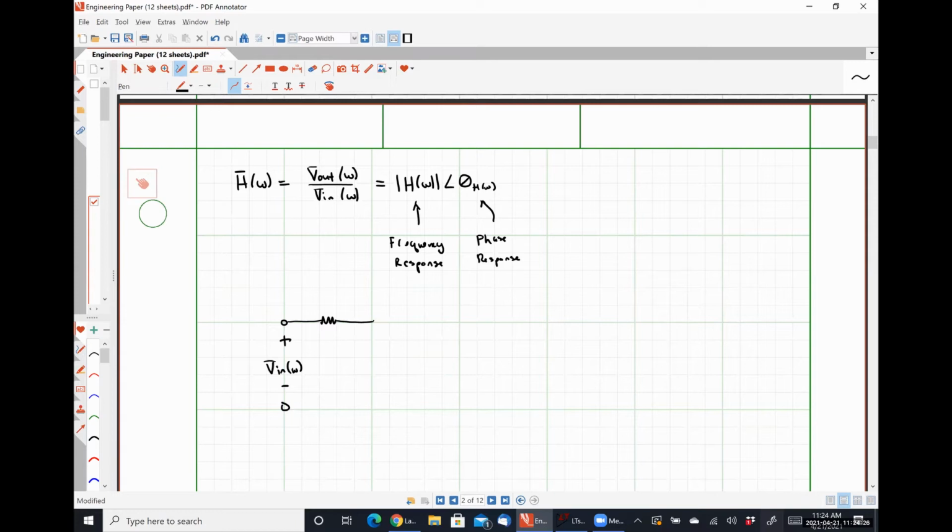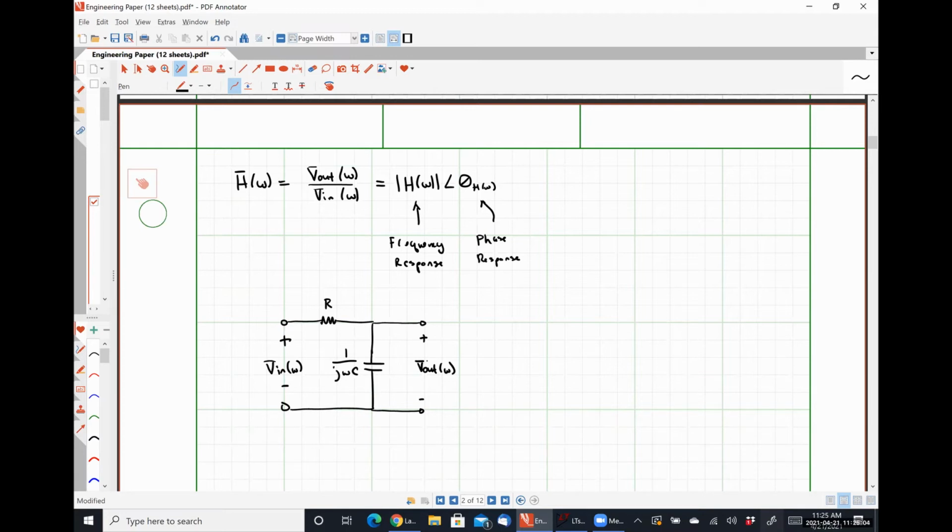I have some resistance R and some capacitance C. And that capacitance is going to look like an impedance of 1 over j omega C. Here is where I will measure my output, V out of omega, okay?